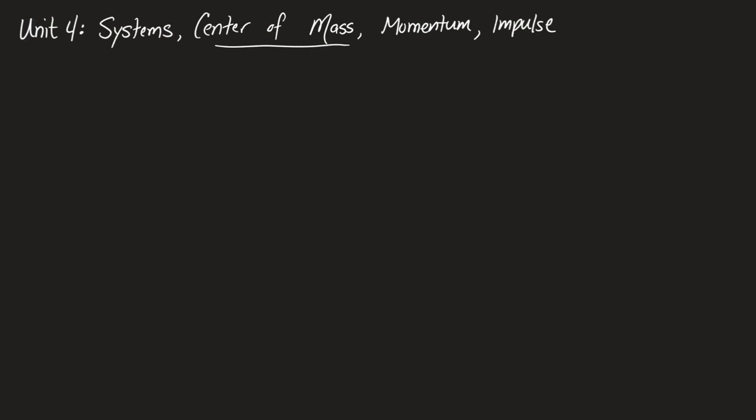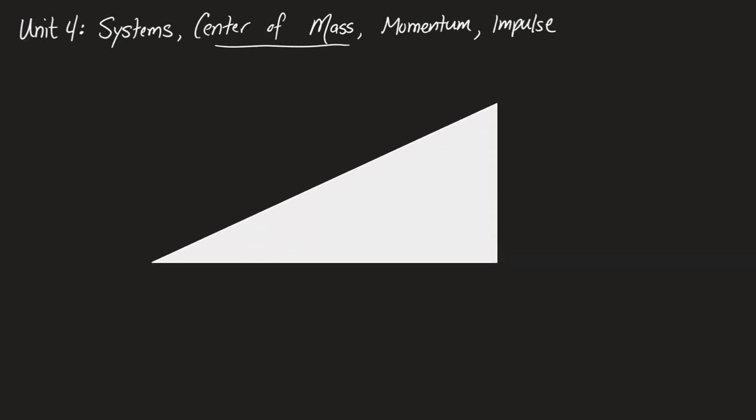For you guys, and for me, I want you to understand that it is a location. But there's still a mathematical way to find it. The problem is, what if I just told you that I want you to find the center of mass of this triangle? Let's say I cut a triangle out of a piece of wood, and I throw it on the desk. Where's the center of mass? One way of finding the center of mass is by finding its center of gravity. These are two different things, but they're not really that different. Because the center of gravity is where we would say gravity acts on the object.